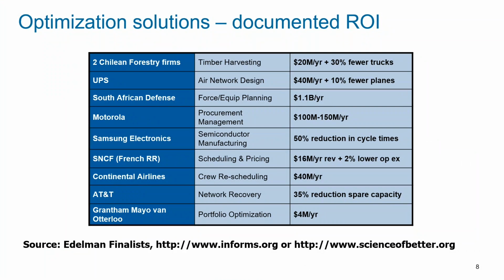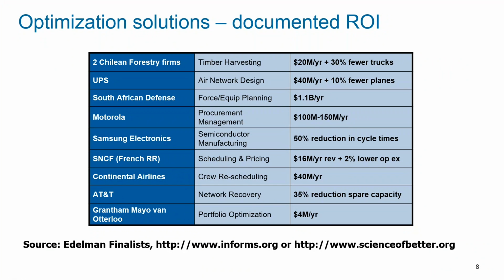We have methodologies to evaluate the benefits. And these are some cases where in the past CPLEX has been applied. And you understand, you know about those companies, like UPS.